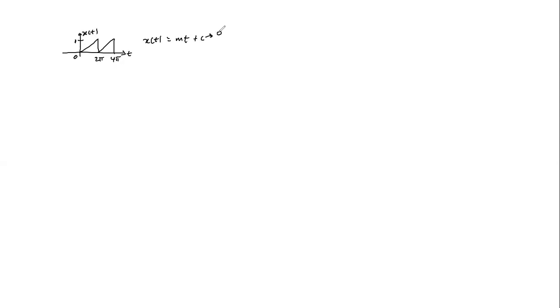So m is the same as s of 2 minus s of 1 divided by t of 2 minus t of 1. S of 2 is 1 minus 0, divided by t of 2 is 2 pi minus t of 1 is 0, which is 1 over 2 pi.